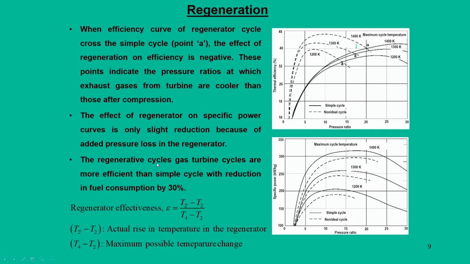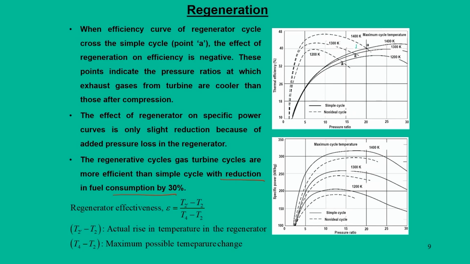Hence, the regenerative cycles are more efficient than simple cycles, because there is a reduction in fuel consumption of up to 30%. That means, when air is preheated, there is a reduction in the fuel consumption. So, through regeneration we get improvement in the cycle efficiency without loss of any power, the first achievement.